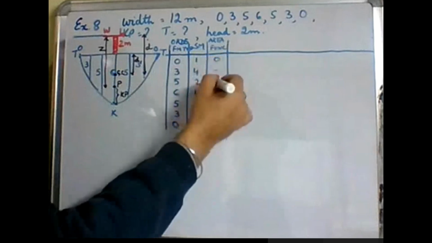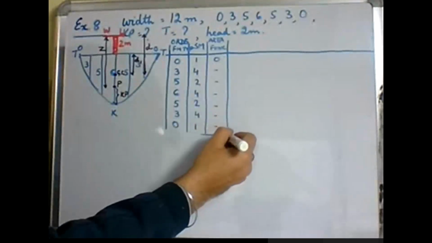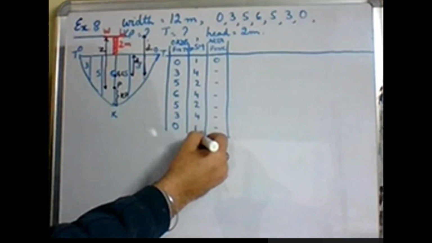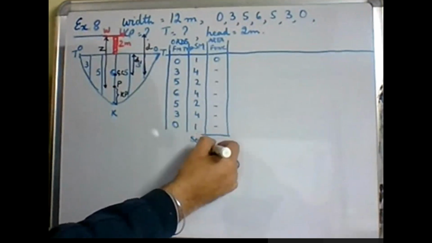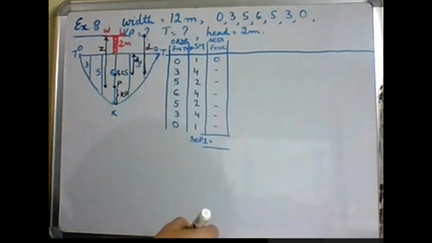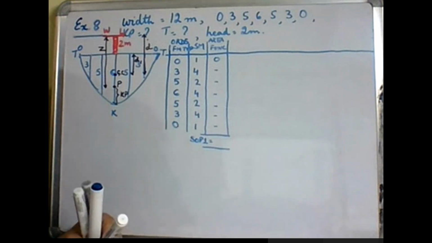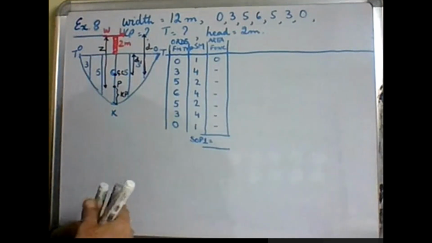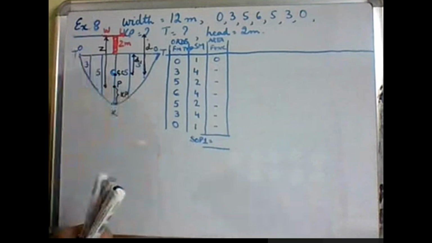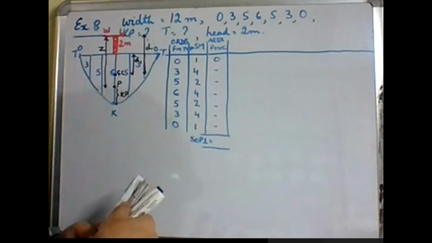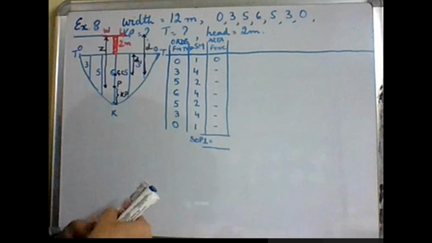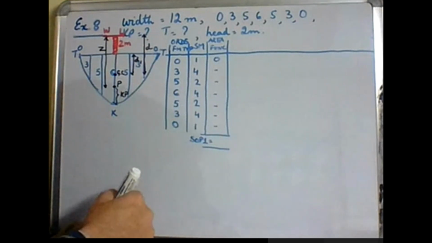Multiply them and then add them, and tell me the value of SOP1. 68. 68, sir.